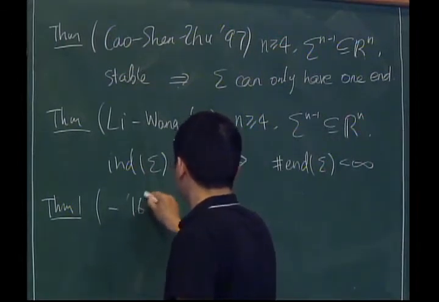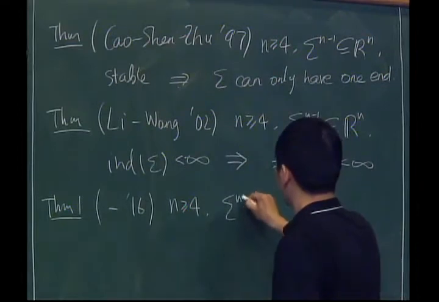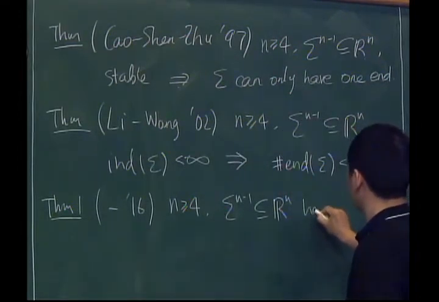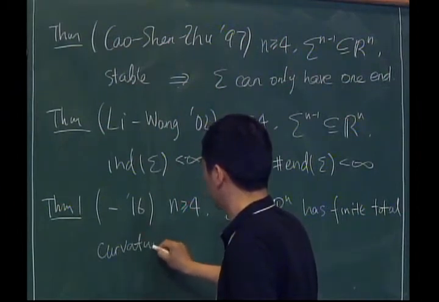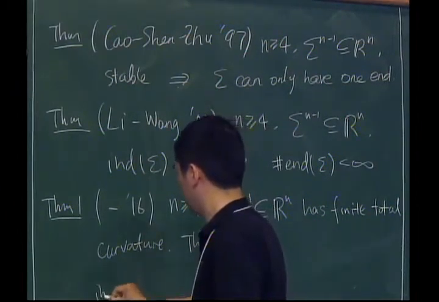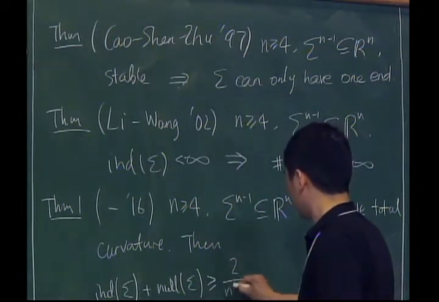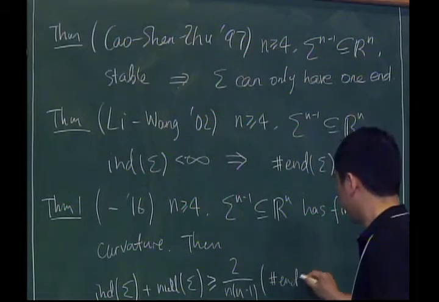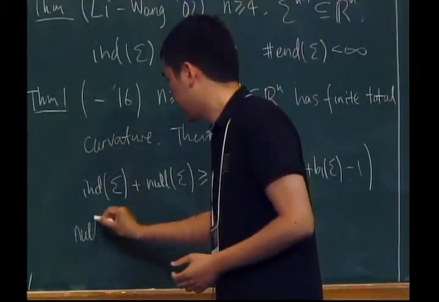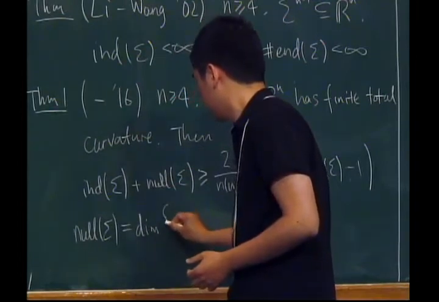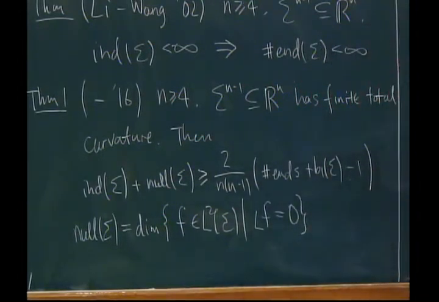So what we can say is that with one additional assumption, that this minimal hypersurface has finite total curvature, then the index plus the nullity is bounded from below by a linear function of the number of ends plus the first Betti number, where nullity is the dimension of L2 solutions to the Jacobi operator. And this holds for all dimensions.